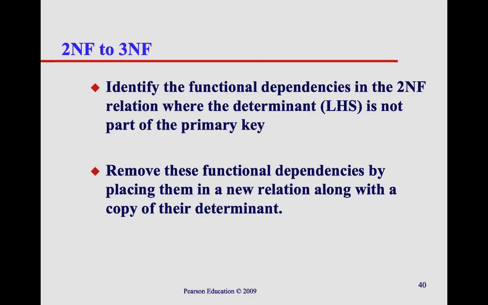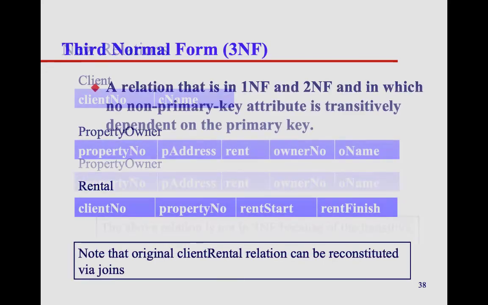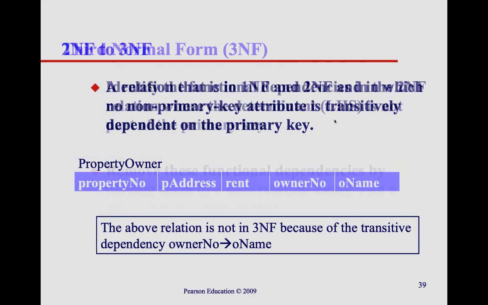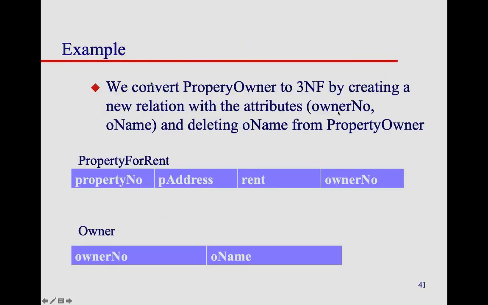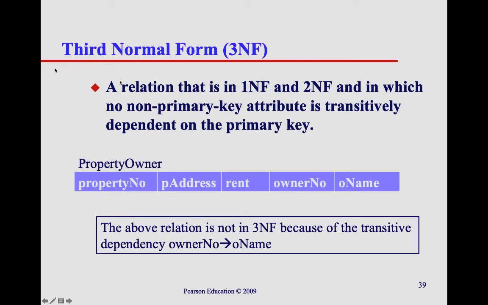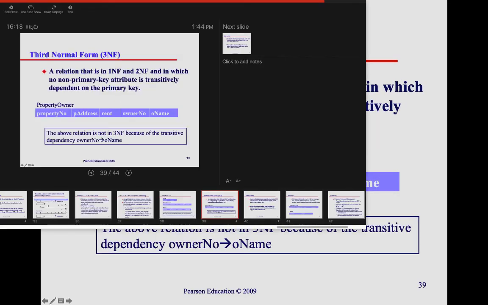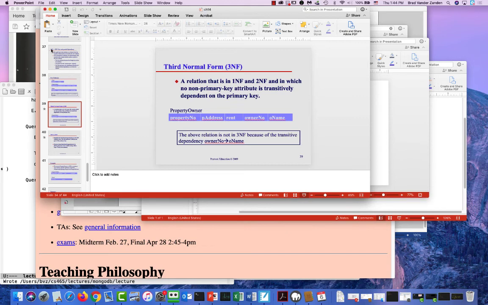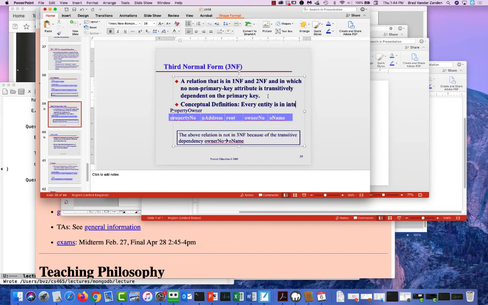Okay, so essentially, I'm going to go back now to third normal form, and I am now going to say in third normal form, conceptually, every entity is in its own relation. Of course, then I have to move everything around.